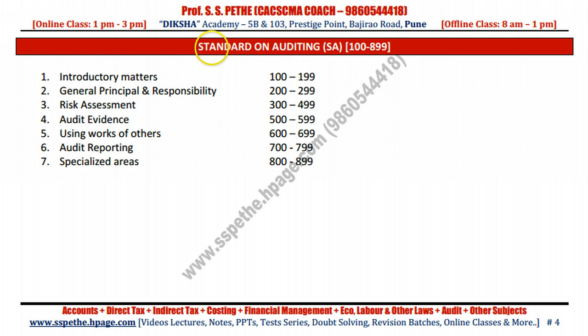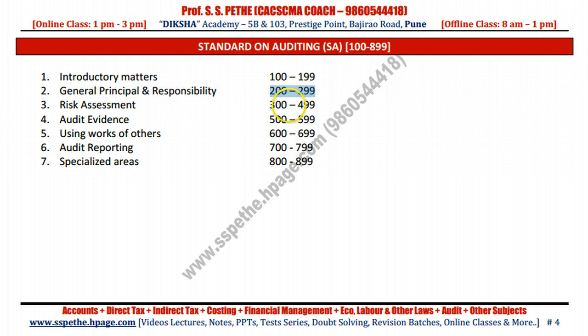Now first we will study standards on auditing. The codes are 100 to 899. This is the list of standards on auditing. First is introductory matters, which are divided into 100 to 199 codes. General principles and responsibilities are covered in 200 to 299.